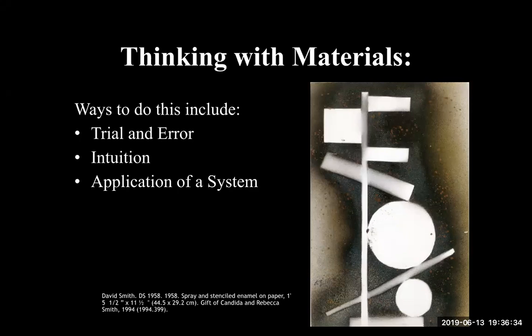You can do all this from trial and error. You'll develop your own intuition, or you can use the application of a system. The sculptor who created the huge metal sculptures would often start with ideas from little objects that he would arrange and spray paint.